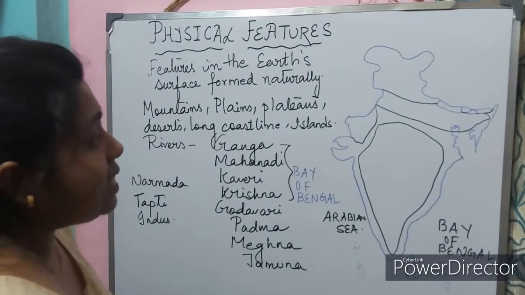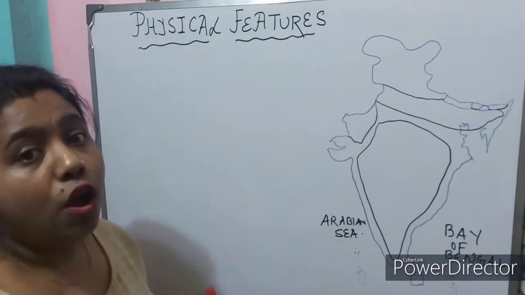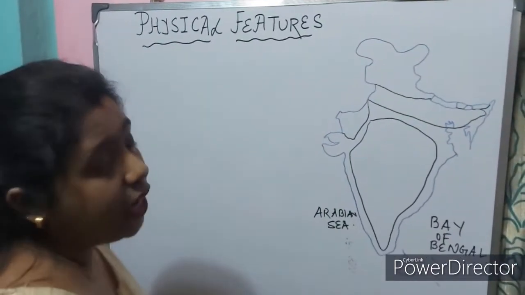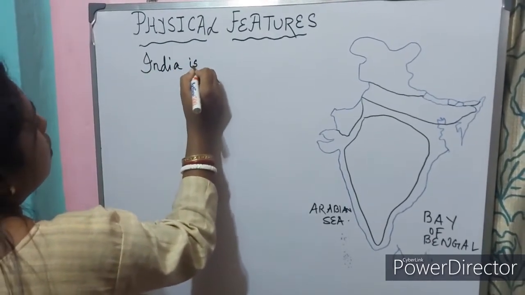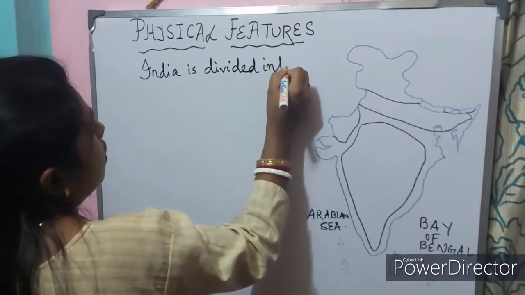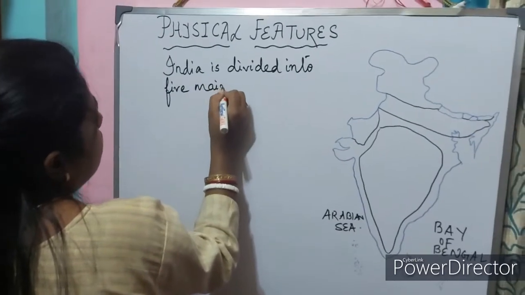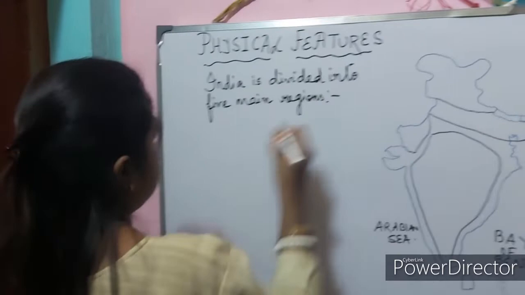Now let us understand the physical features of our country, India. On the basis of the physical features, India is divided into five main regions. What are those?